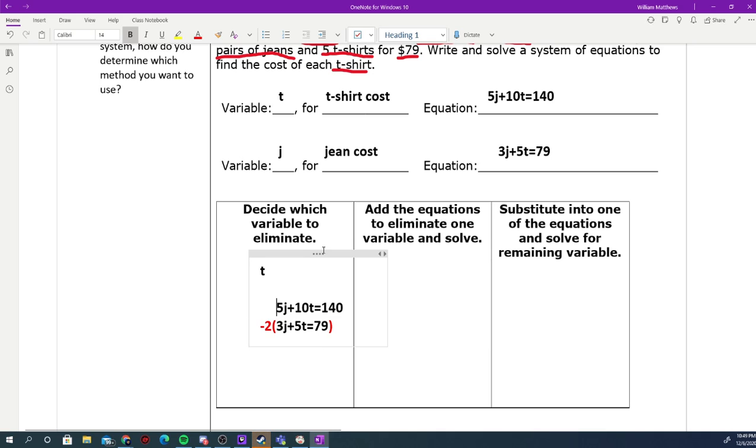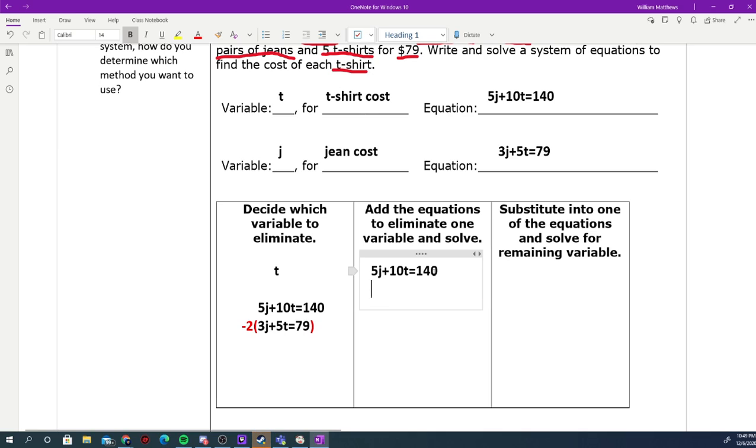Keep it lined up, just making it look nice. So, in the process of eliminating t, I want to multiply my second equation by negative 2 to change my 5t to negative 10t. Now, next column, yet again, we show our work.